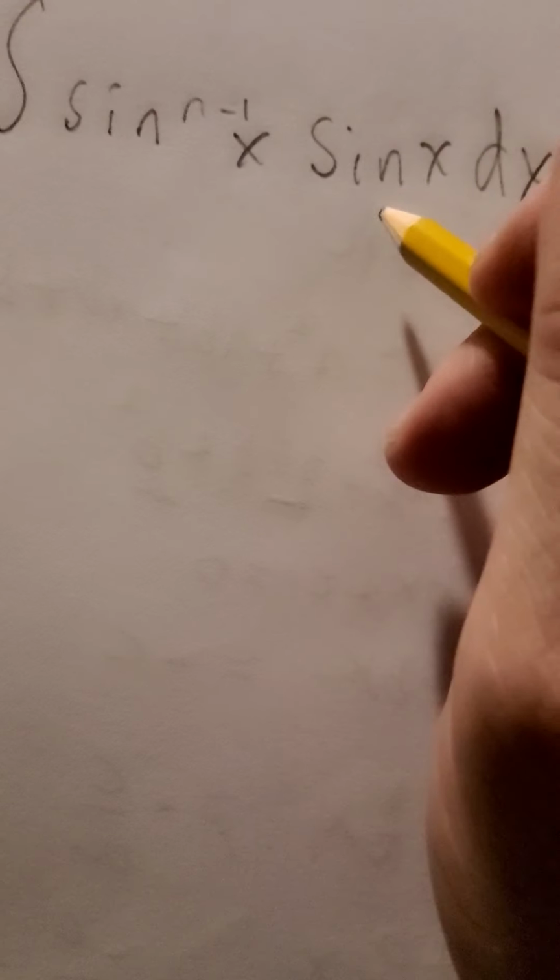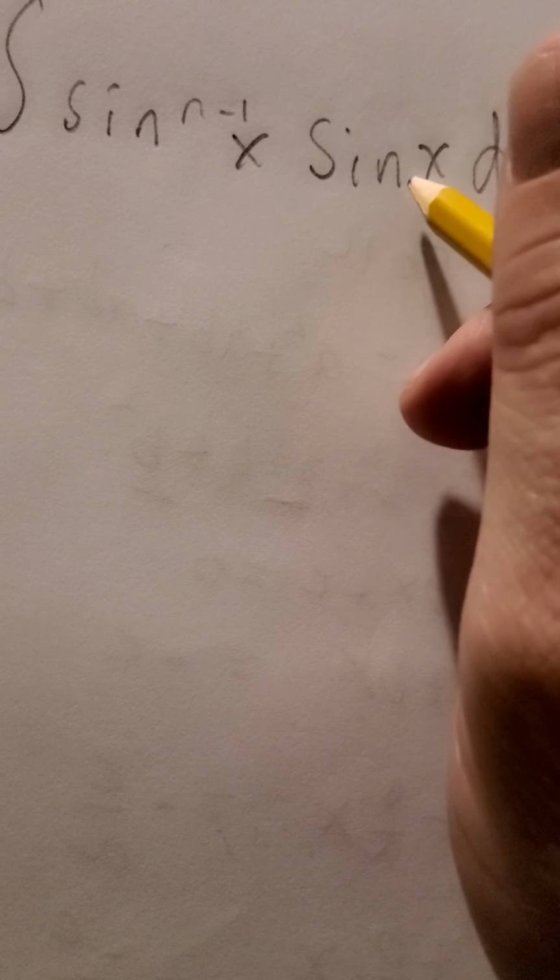Okay, so now I'm going to rewrite my original function. I'm going to have the integral of sine to the n minus 1 of x times sine x dx. And I want to have my dv at the lowest power.